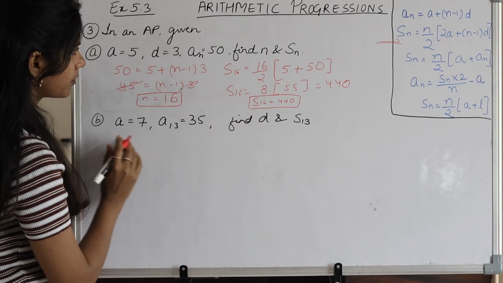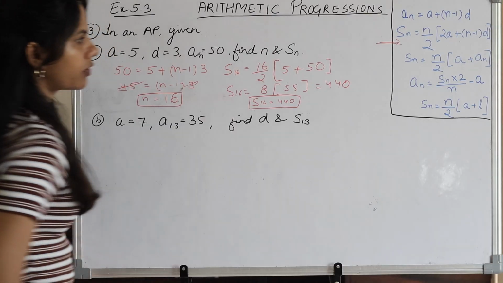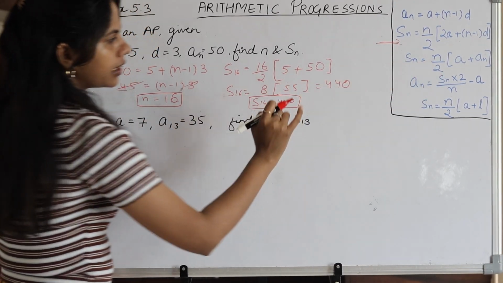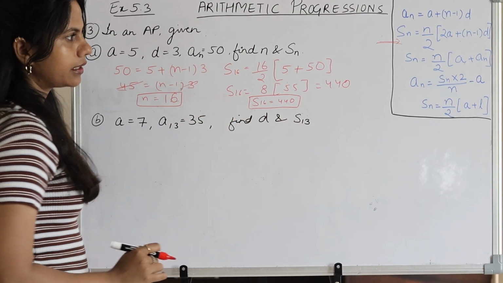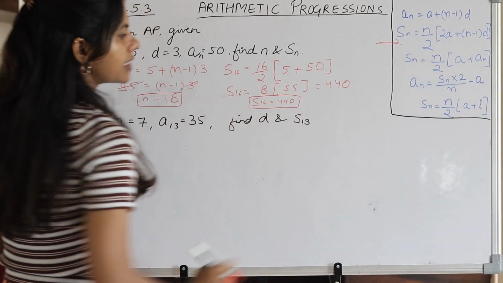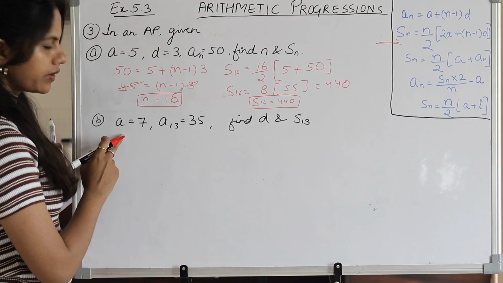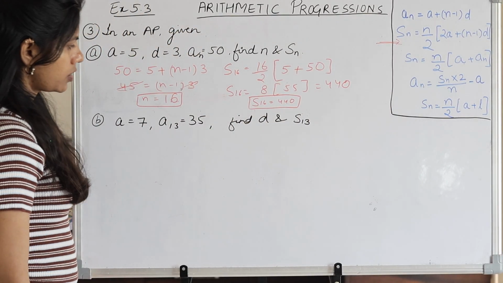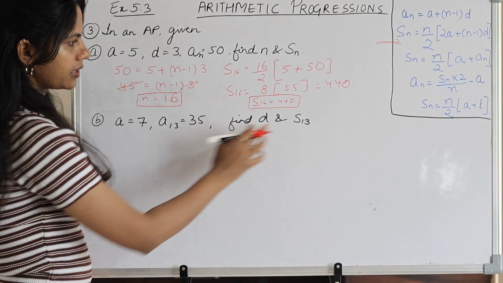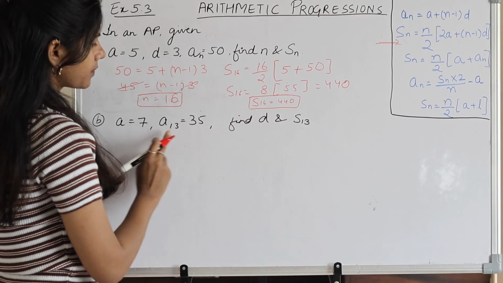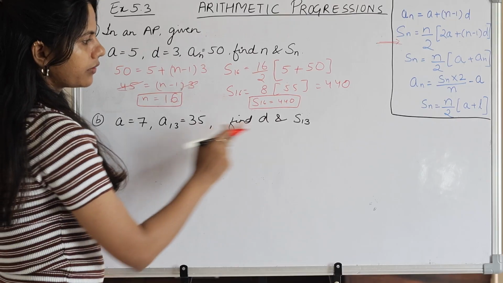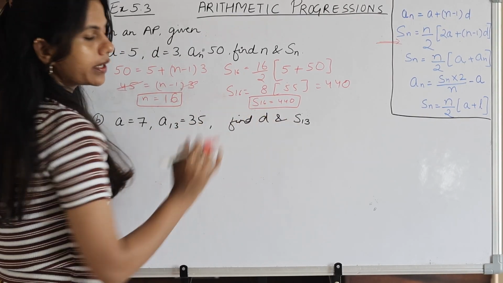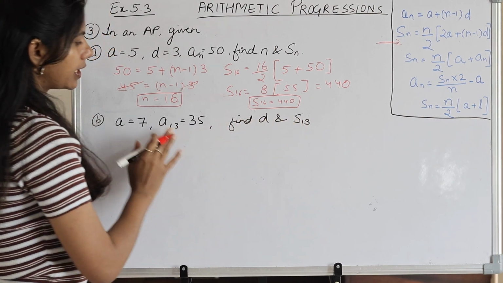Let's see one thing. If we want to use this formula, let's check, do we have everything? n is being used. We know n is 13 here. Then a is the first term. Are we given a? Yes. Now an is a13, which is given, and we also have to find S13.